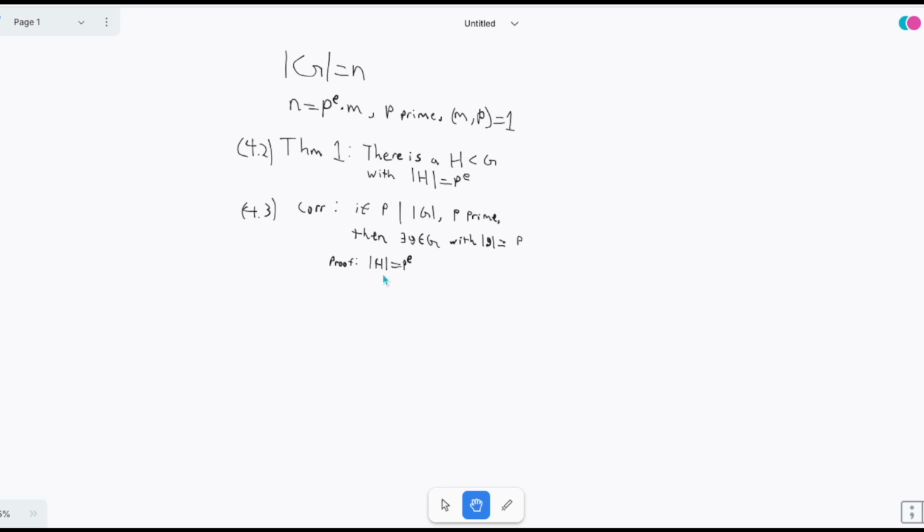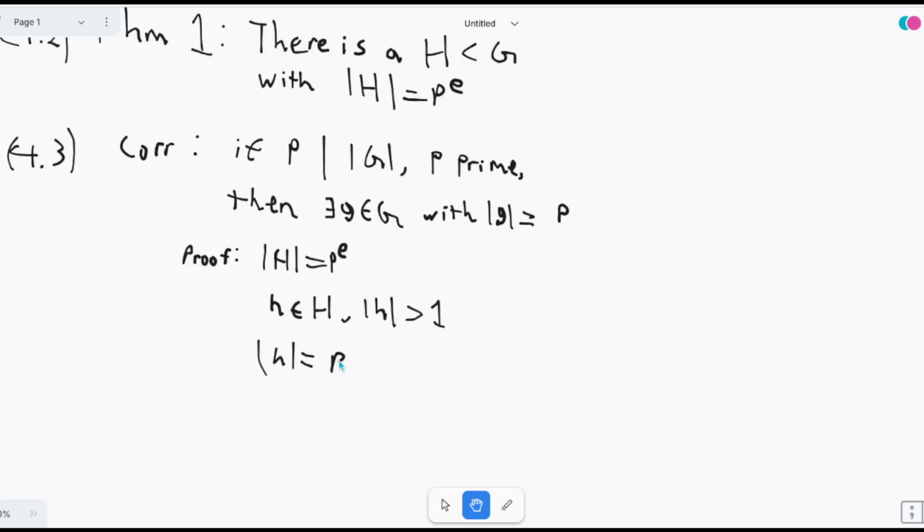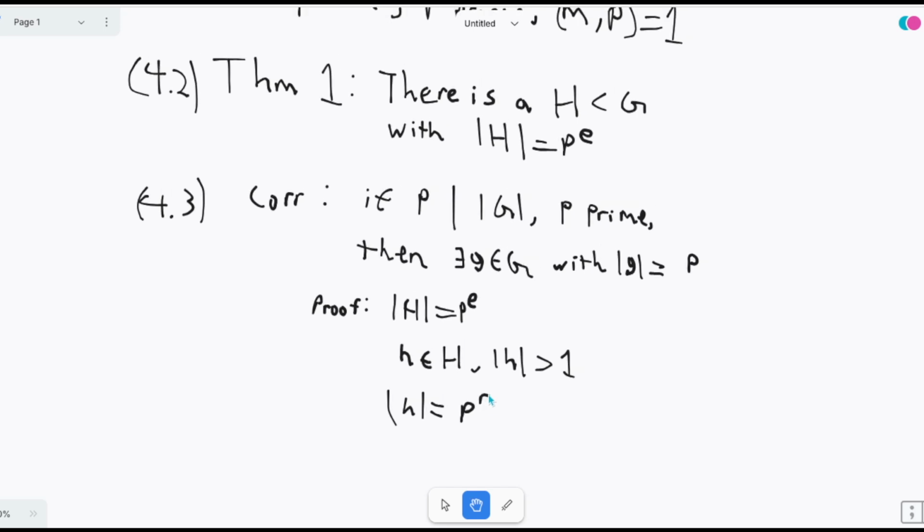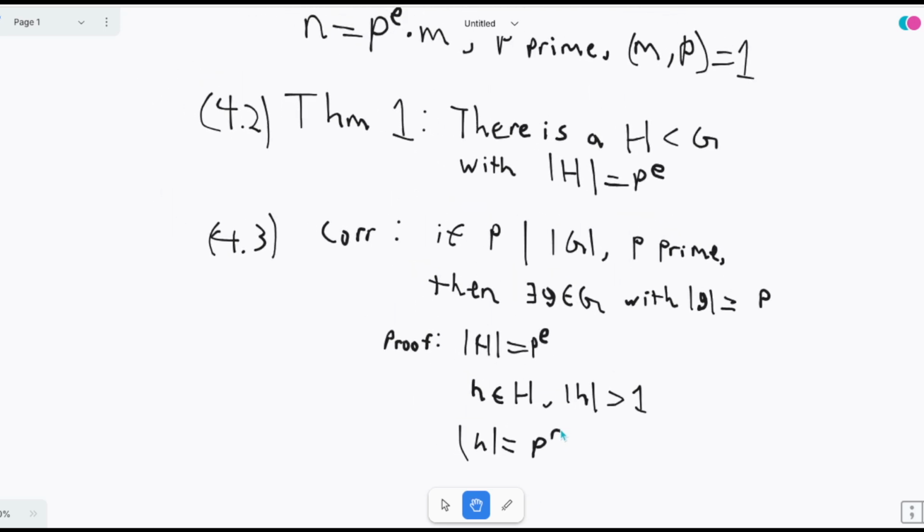Take any element of H with order greater than 1; e is greater than or equal to 1 if p divides the order of G. Then the order of the element has to divide p to the e. So the only divisors of p to the e are prime powers, p to the r.